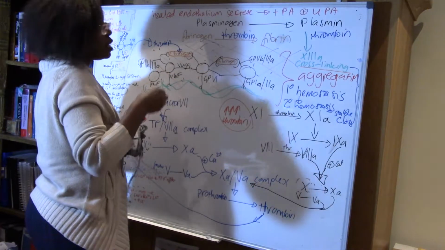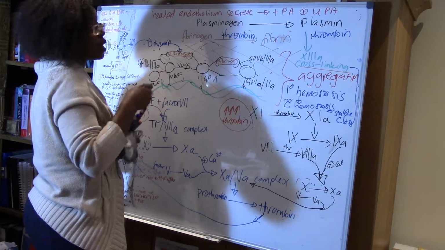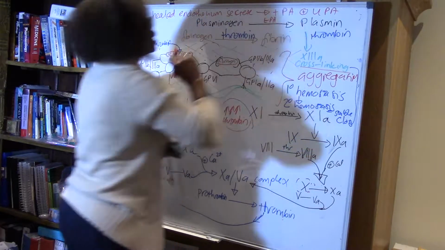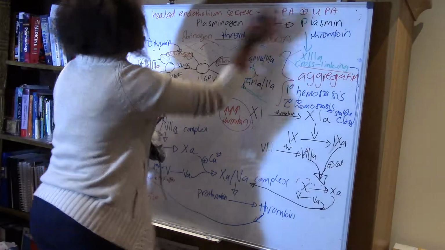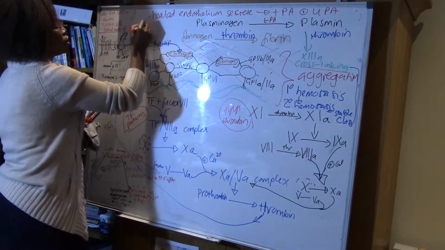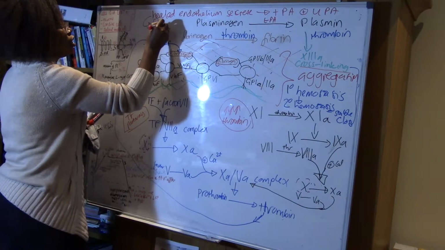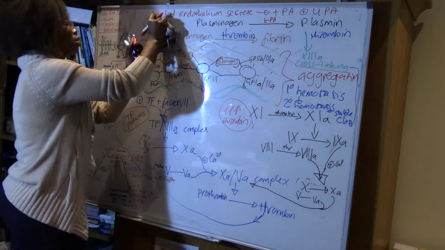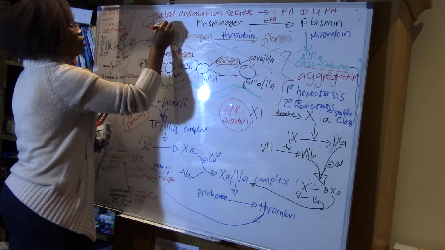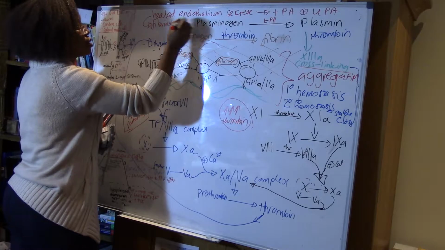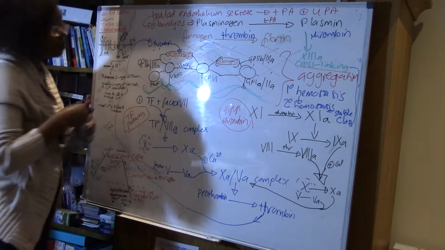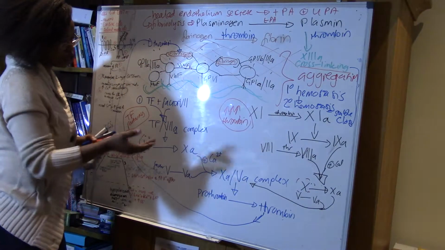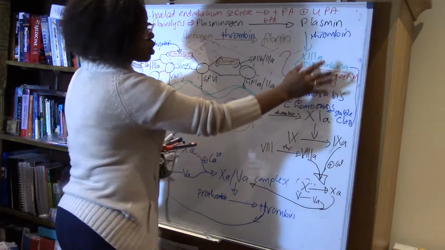And plasmin is an active fibrinolysis. All it does is come in and degrade all the cross-linking.